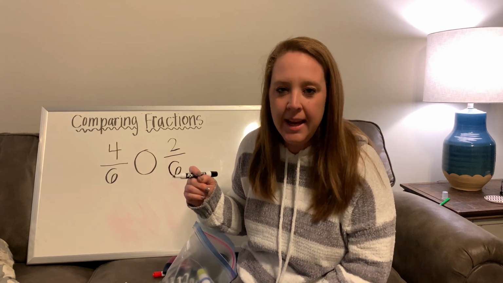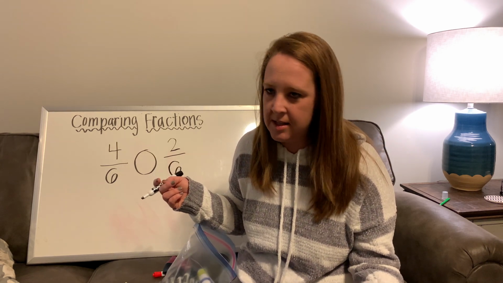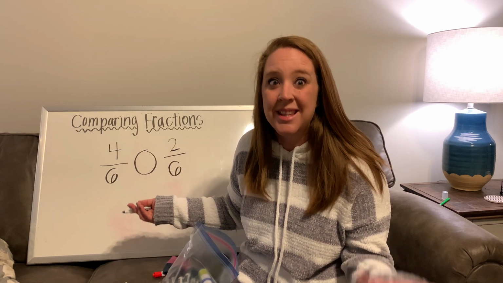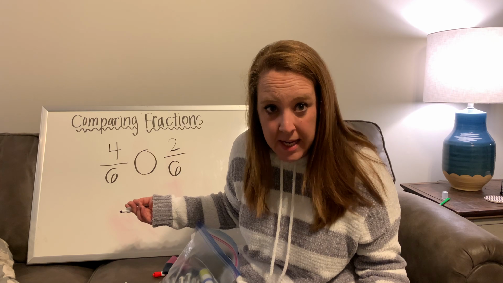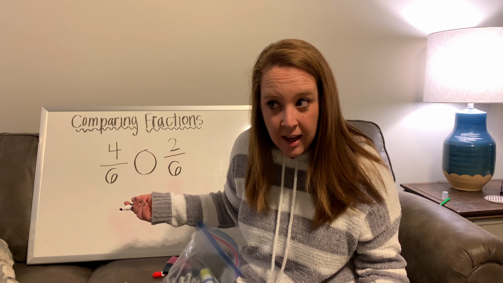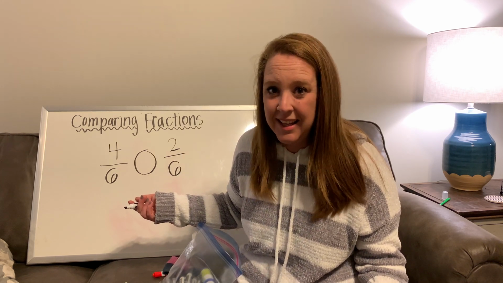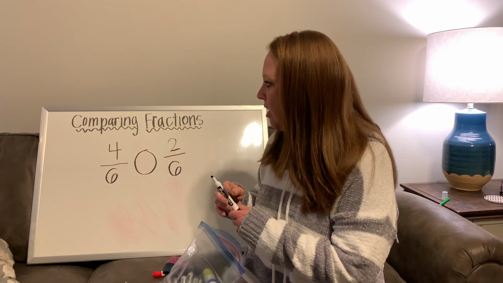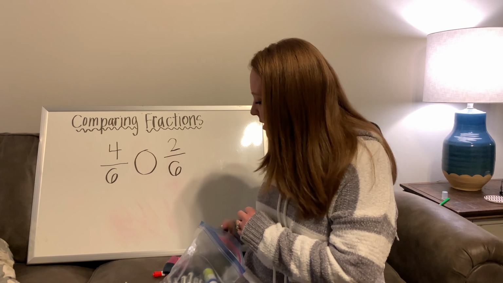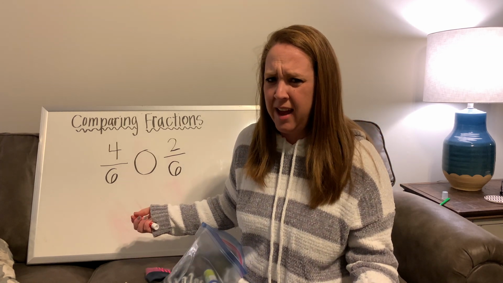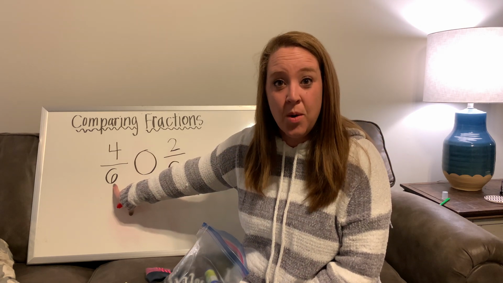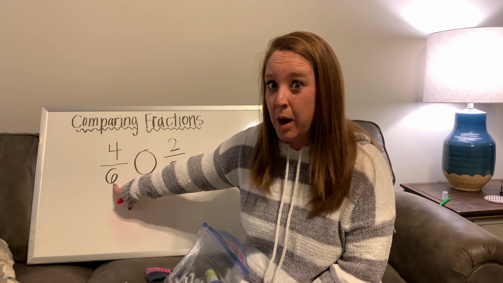You are right. I'm so glad you're not forgetting this. They have the same denominator. And when we compare fractions that have the same denominator, what does that mean? Exactly. All the pieces are the same size. So what tells us that? Our denominator. Our denominator tells us that each of these wholes have been partitioned into 6 equal parts.